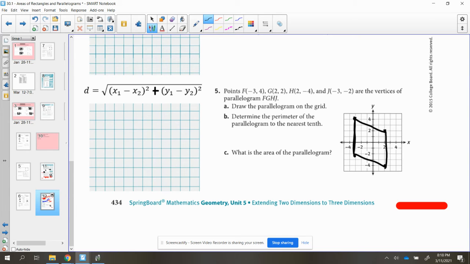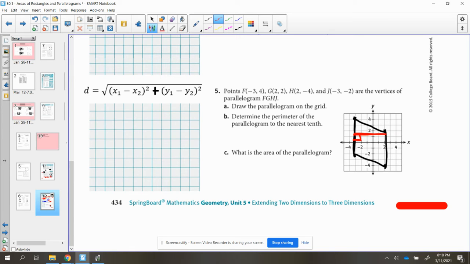Now, we don't actually need the distance formula to find the height. If we're looking for the area, the height, again, is where this is perpendicular. So we can just count, since this is vertical and horizontal, the lengths here.